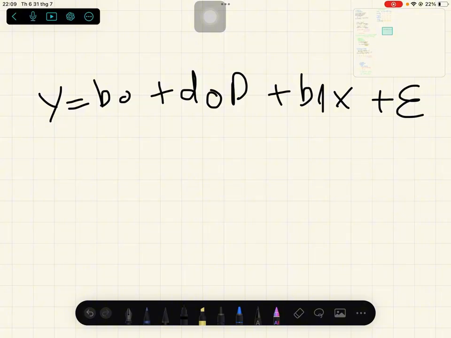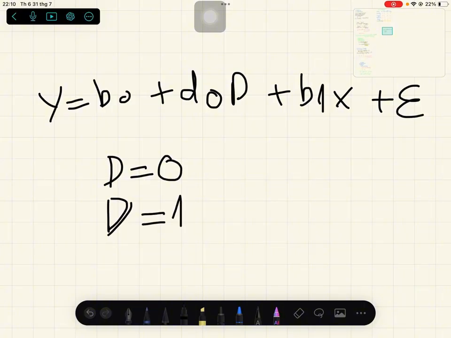Let D equal 0 represent group 1, and D equal 1 represent group 2. For group 1, the equation is y equals beta 0 plus beta 1 x. For group 2, the equation becomes y equals beta 0 plus delta 0 plus beta 1 x.